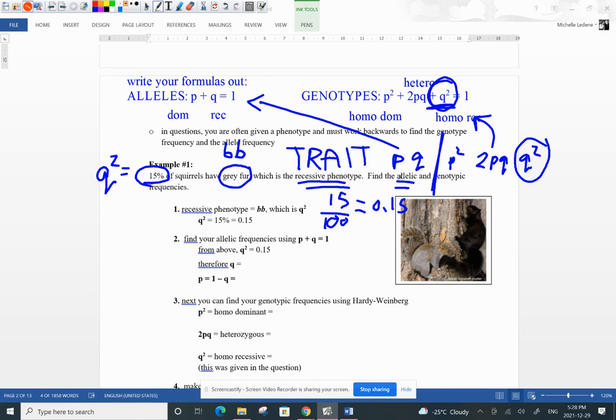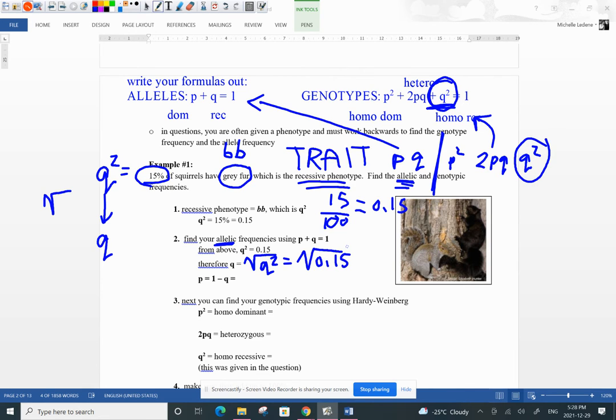Okay, so we have Q squared. Now we're asked to find the allelic frequencies. So we've got to go from Q squared to Q. How are we going to do that? Well, Q squared to Q, we need to take the square root. So if I have Q squared and I take the square root of Q squared, in other words, the square root of 0.15.